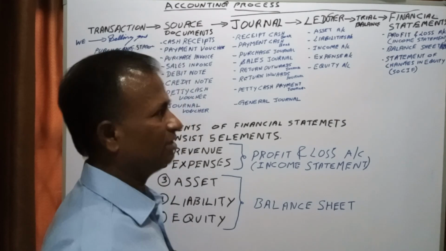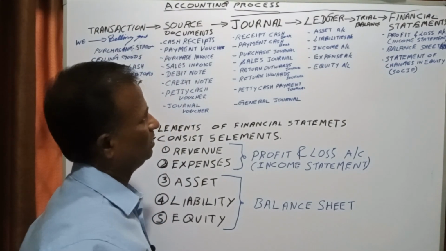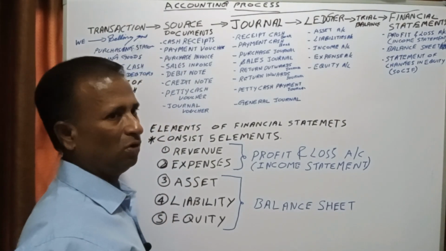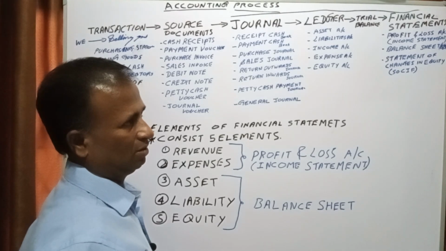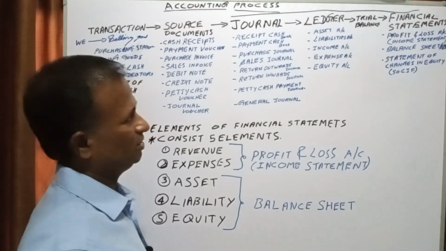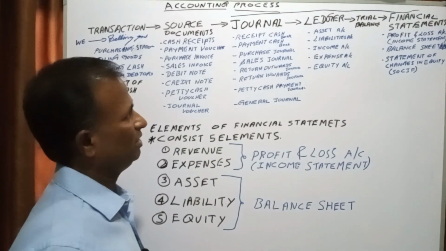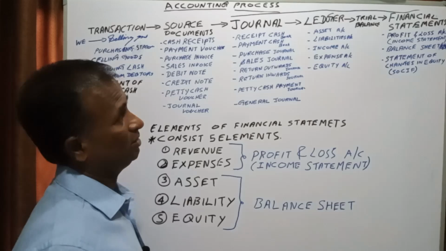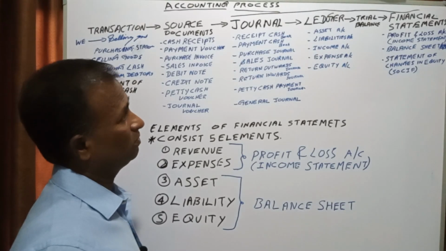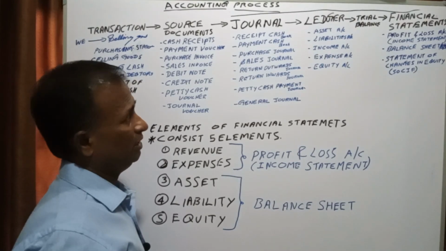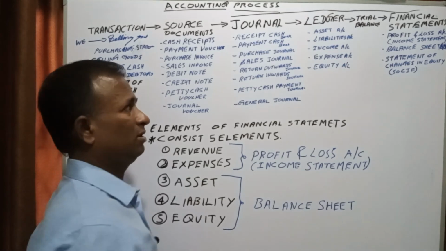We are updating the ledgers from the journals. All this recording process takes place in the ledger on the basis of double entry. So we can see what ledger accounts are available.